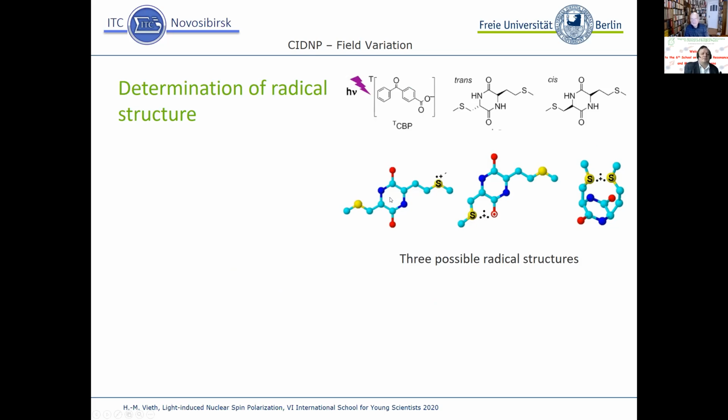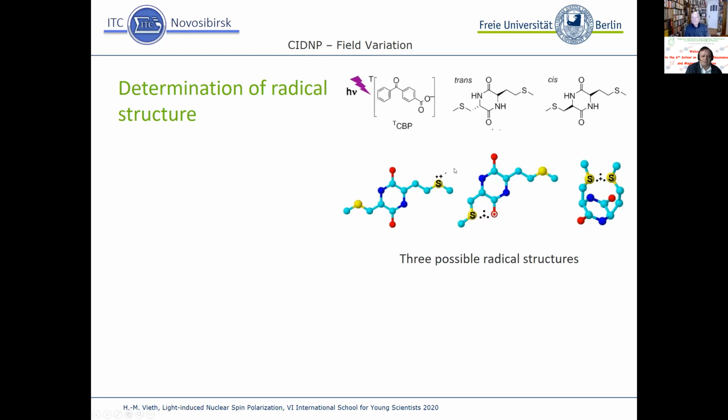The higher the G factor, the lower the field of the maximum of the field dependence. And you can distinguish here, for example, 3 different radicals that are formed in the quenching reaction between a carboxybenzophenone and this methylcysteine.